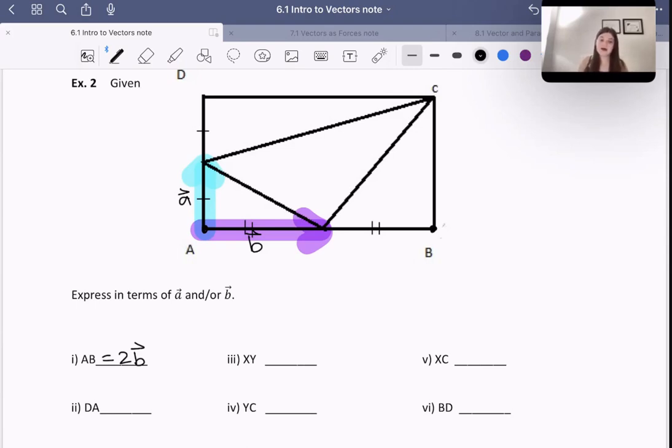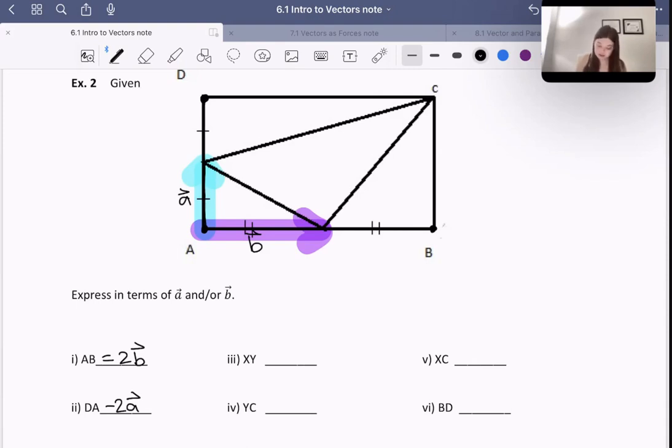Okay, what about DA? Okay, so let's start here from D all the way to A. Well, it looks like we're going to be using vector A, and we're going to have to use it twice, but also in the opposite direction. We're going to go from here to here, and then from here to there. So we're going to end up doing -2 vector A. Now, what about XY?